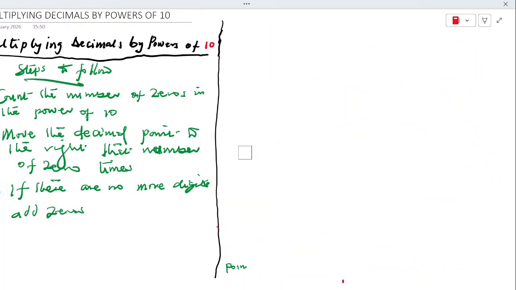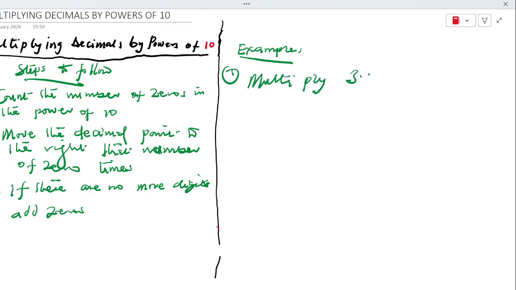All right. So our first example is multiply 3.4 by 10.